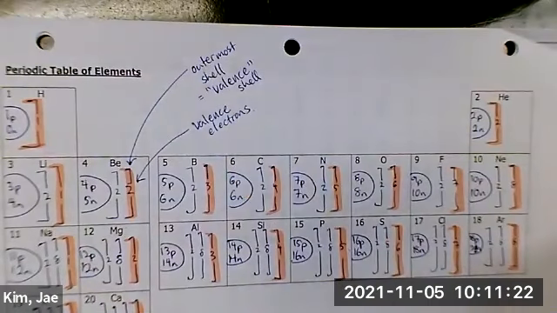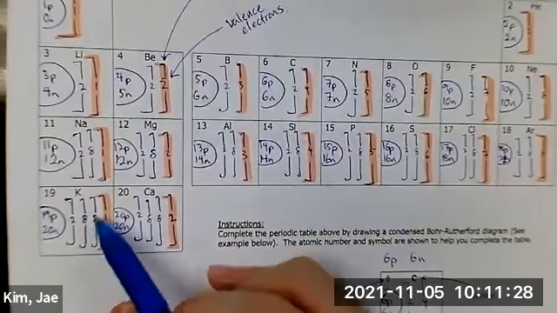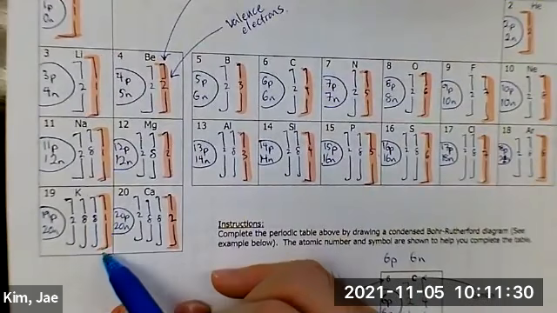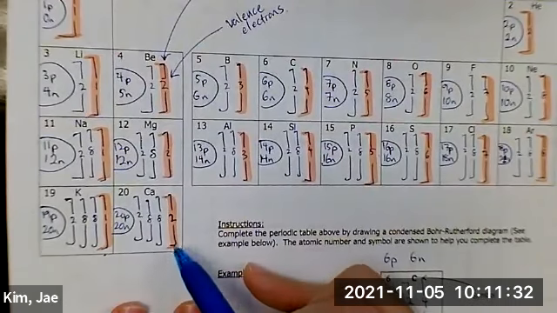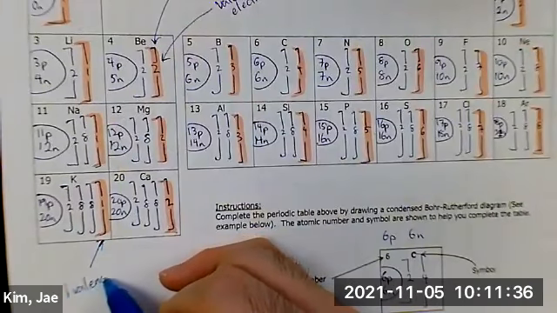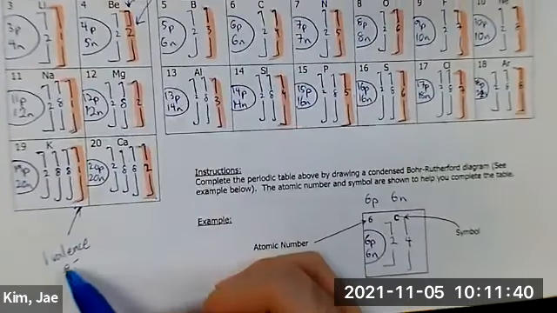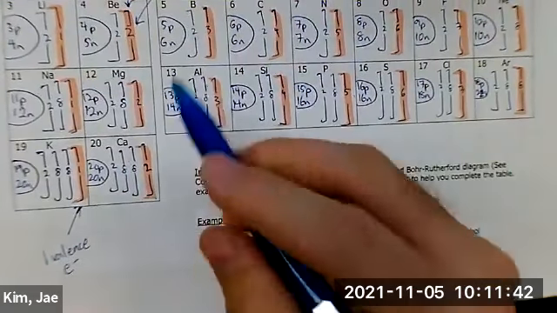Some new terminologies. A couple of things I want to mention now. This column 1 has 1 valence. Column 2 has 2 valence. So 1 valence electron, excuse my shorthand, this is e negative for electron.